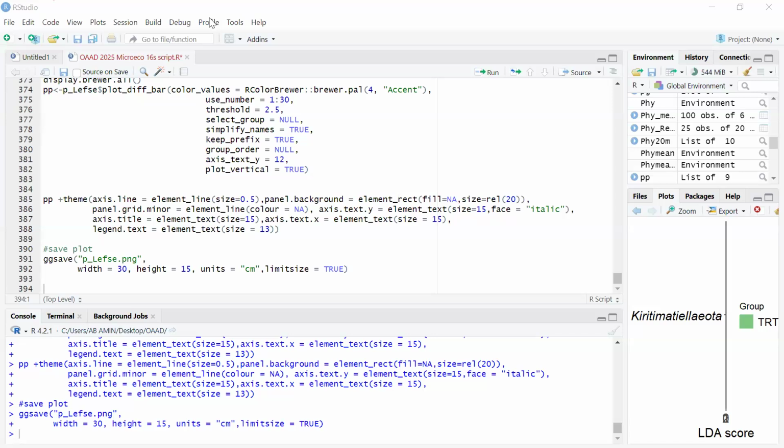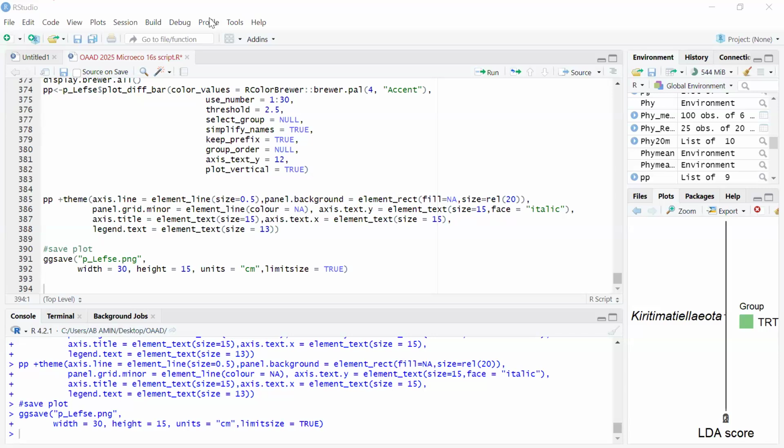Mostly now, if you send for 16S, those sequencing companies will tell you they can do the full length. You understand? Full length sequencing.